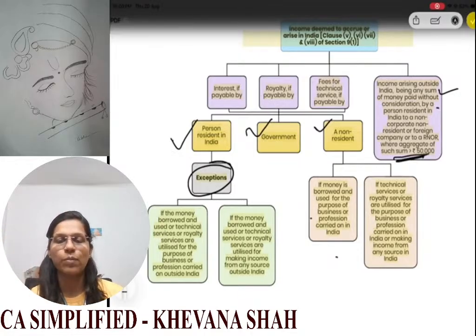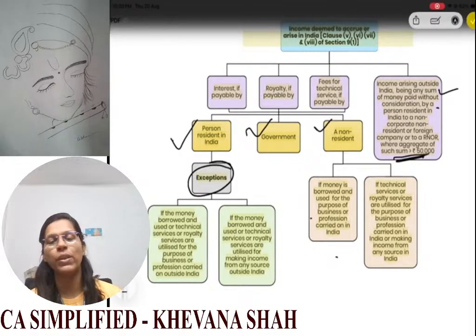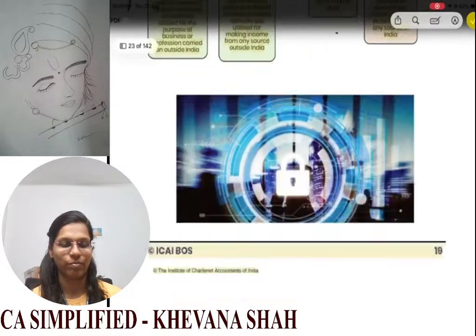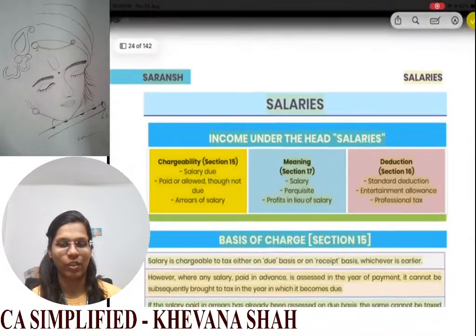So if it is paid without any consideration by a person resident in India to any non-corporate, non-resident or foreign company or RNOR, then that sum will also be deemed to accrue or arise in India. Okay.